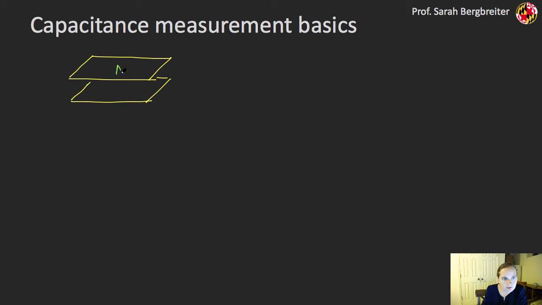Those capacitive plates are going to have some area A, that's the overlap area of the plates. They'll have a separation distance between them, let's call it G0, the initial gap. And then they have some dielectric, which we denote by epsilon r.